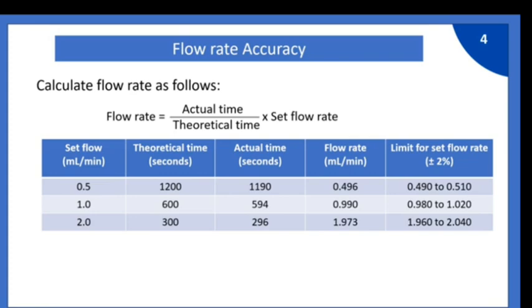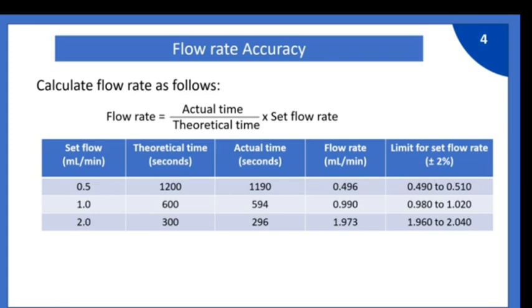So theoretical time will be 1200 seconds and actual time we observed is 1190 seconds. So by calculating flow rate for 0.5 ml, we get value 0.496.